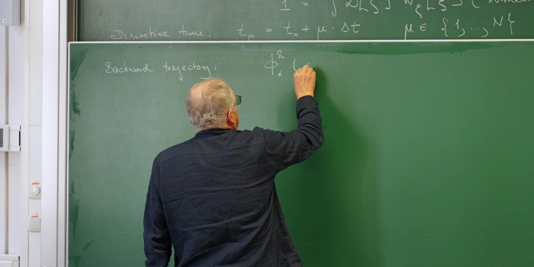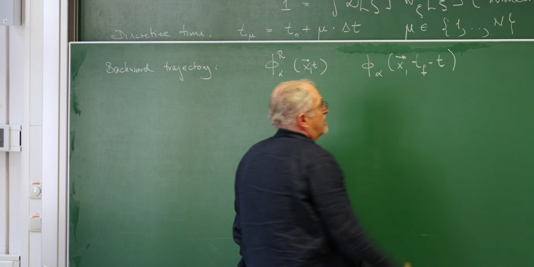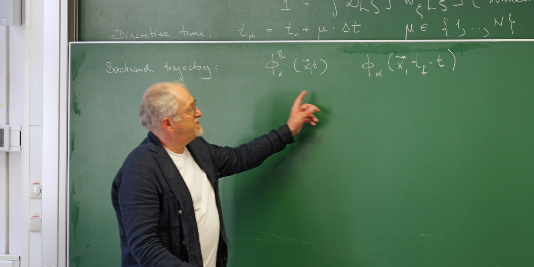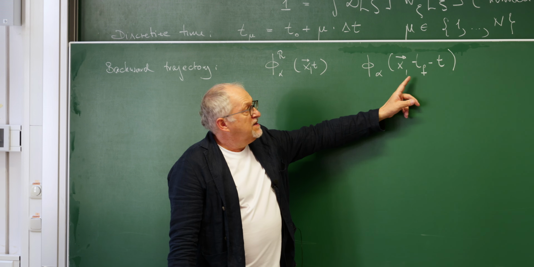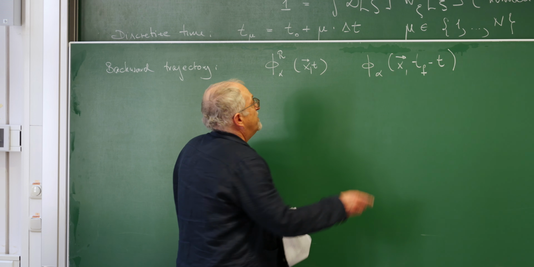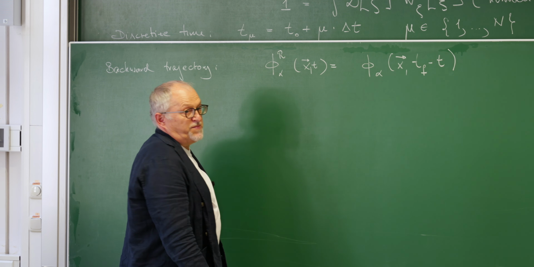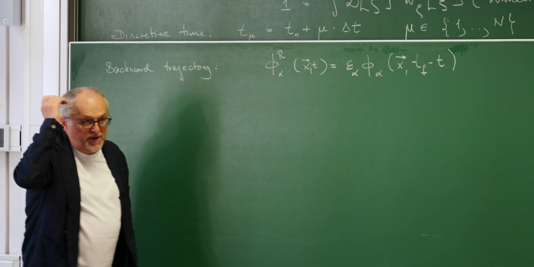So my forward trajectory was phi alpha as a function of x and t, and I get the reverse trajectory when I start from the final time and I go backward in time. So at t equals 0, I'm now starting at the value phi f, and at t equal tf, I'm arriving at phi initial. So I want this to be the time reverse path, and then I need to account for the fact that there is a parity when I do so.